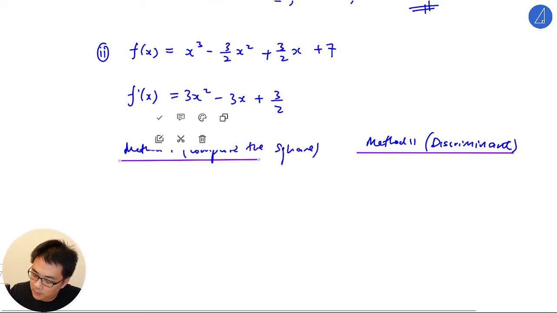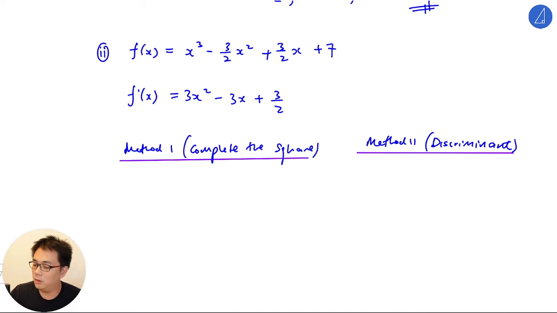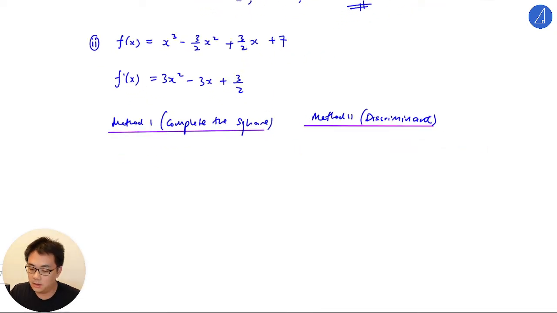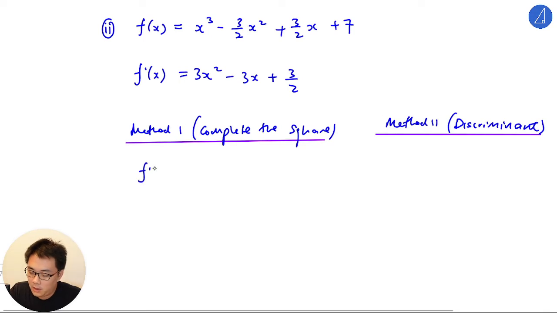Complete the square is more rigorous, I feel. That's how we do f'(x), we just complete the square.